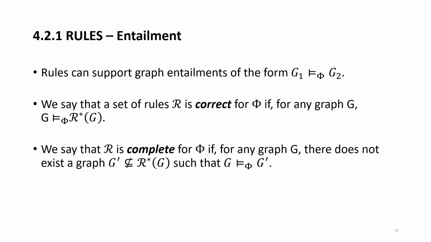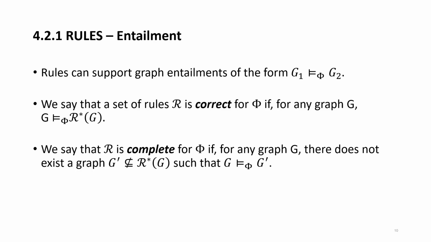And we can finally say that R is complete for phi if for any graph G, there does not exist a graph G prime that is not contained in R star over G, such that G entails G prime under phi.